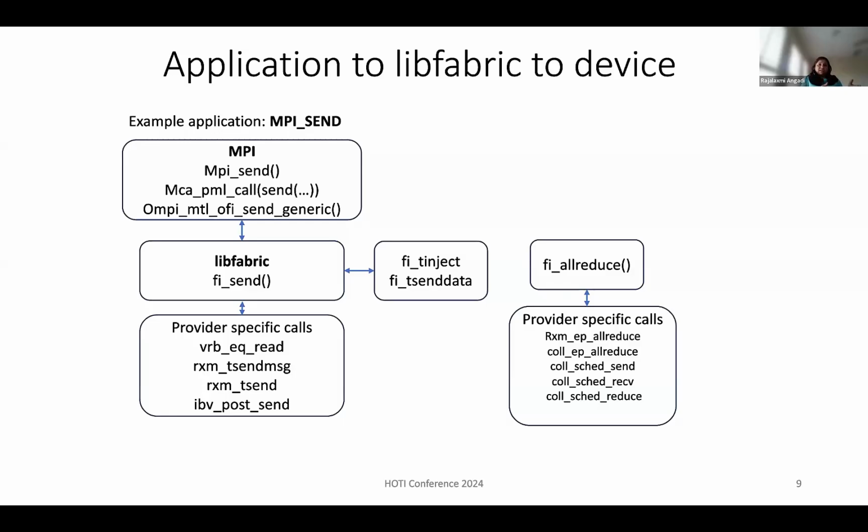When we come to the collectives part here, we have the corresponding FI reduce, which will trickle down. It goes back and forth between the collective provider with the collective schedule send and collective schedule receive, or collective EP all reduce type of calls there. And for just MPI send, we can see at the bottom it resulted in an IBV post send there.